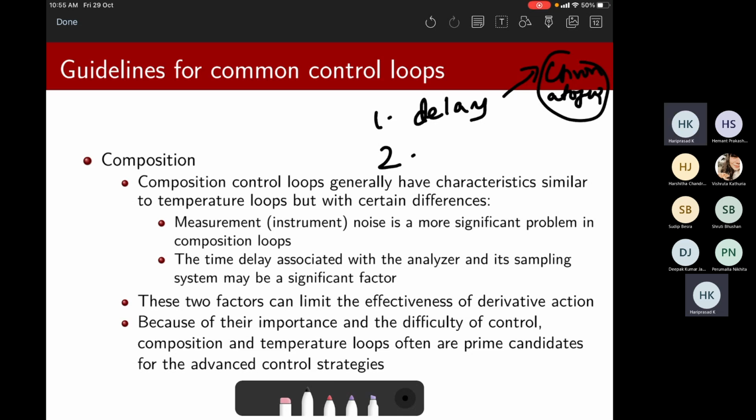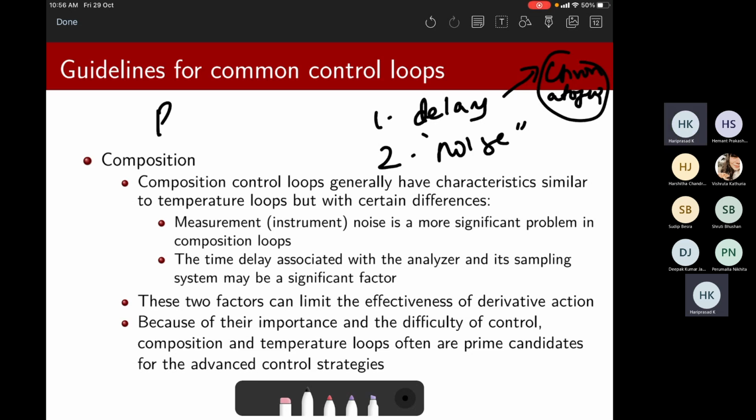So if you take a sample now, the result would come a little slow. So that is a problem. And the second is that there is a high likelihood of noise because of this high sensitivity.